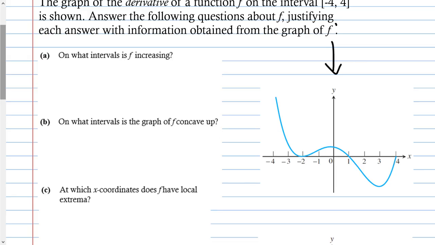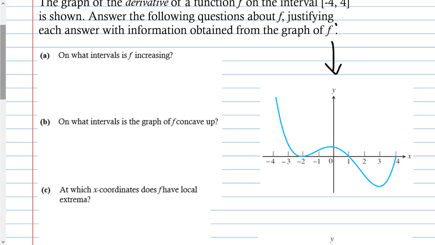Well, f is going to be increasing whenever f prime is greater than 0. So you look at this graph and try to figure out where this graph is greater than 0. And greater than 0 means positive.